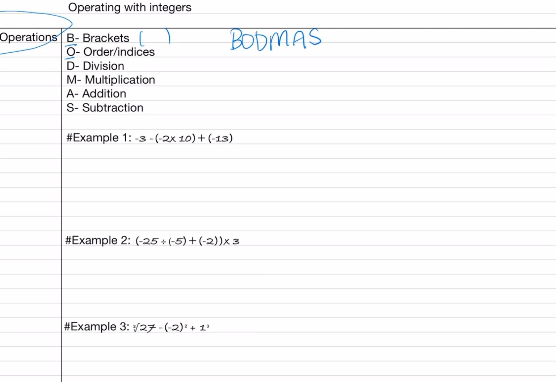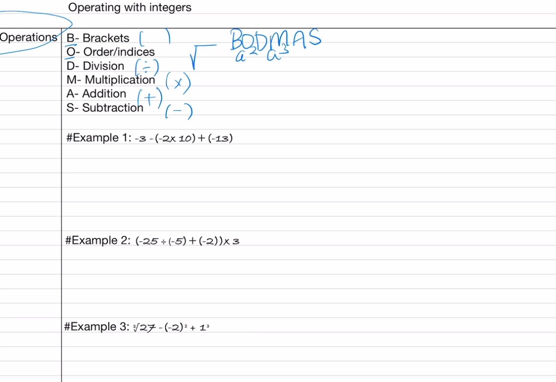So it's about which order comes first. Indices is about whether it's something squared or something cubed. And the division, we know what division is, we know what multiplication is, addition and subtraction. We're going to follow this BODMAS order.